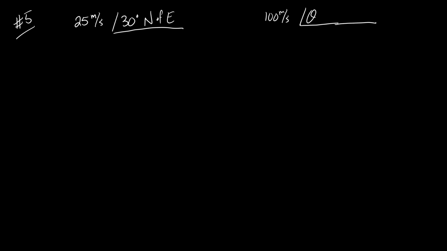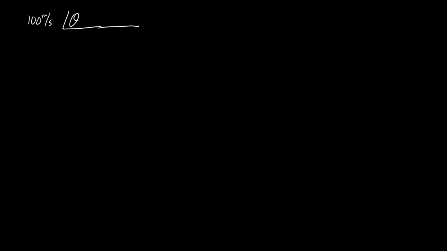But we do know that the plane has to land on a runway that is due west. So ultimately, the sum of the vectors, my resultant vector, will be some speed in meters per second, but due west. All right.